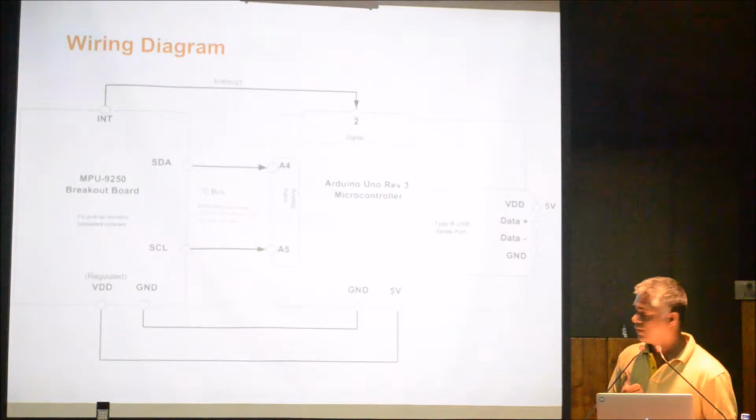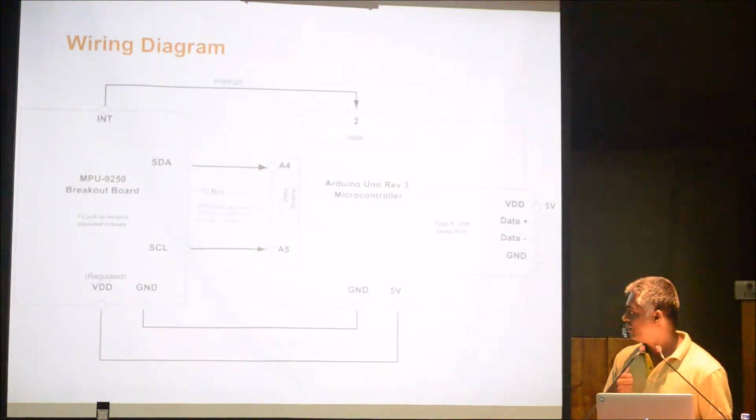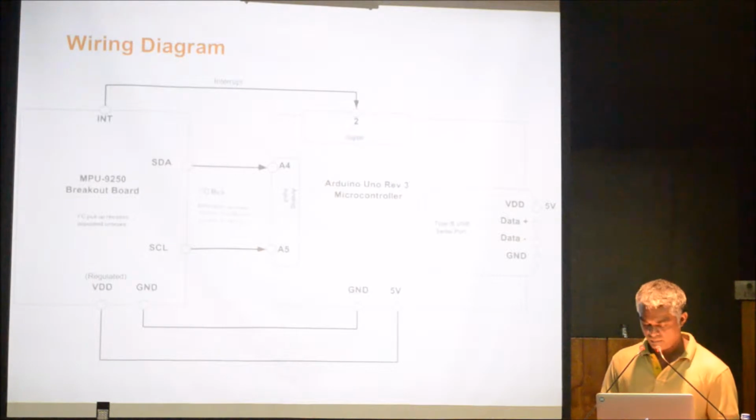This sensor runs at 400 kilohertz, but the Arduino Uno runs at 200, so there's a compensation that I need to do. I'm using the A4 and A5 analog inputs on the Arduino, but I'm not doing anything, just transferring that signal to the type B USB serial port.